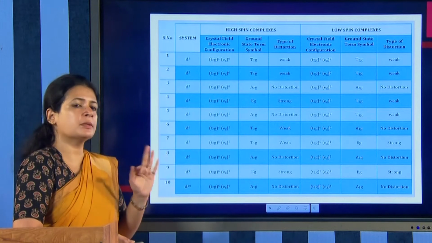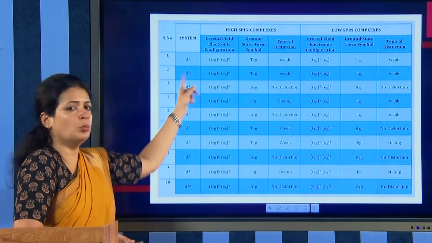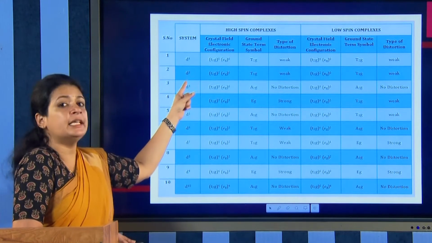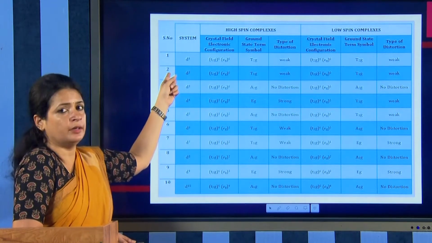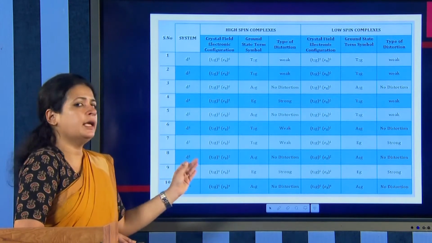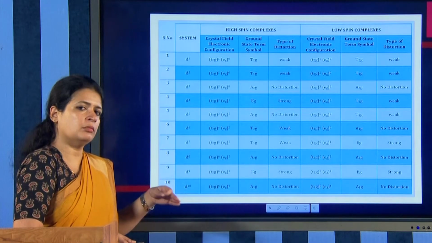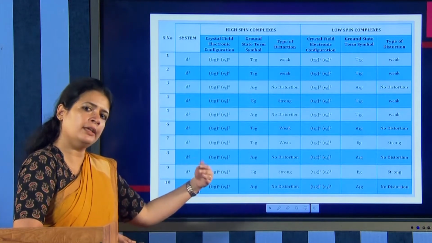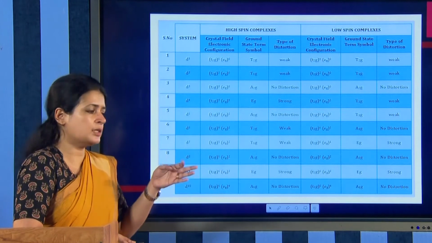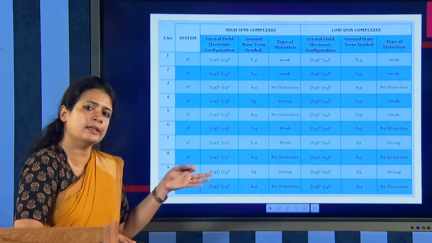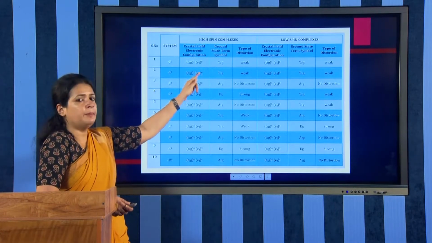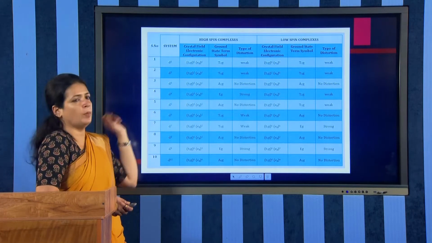There are three possibilities for that electron. That is why there is a degeneracy in the case of the d1 system: the single electron may occupy the dxz, dyz or dxy orbital, because these three orbitals have a degenerate energy state. That is why there is a weak distortion in that complex.